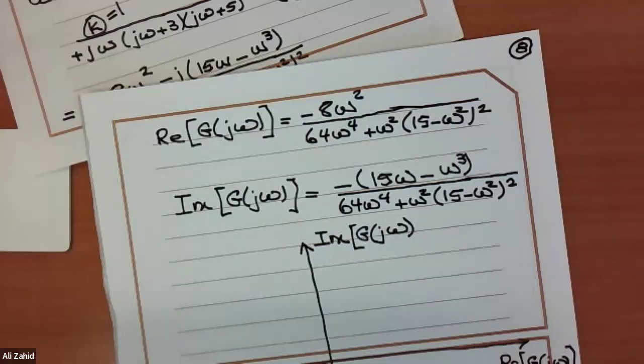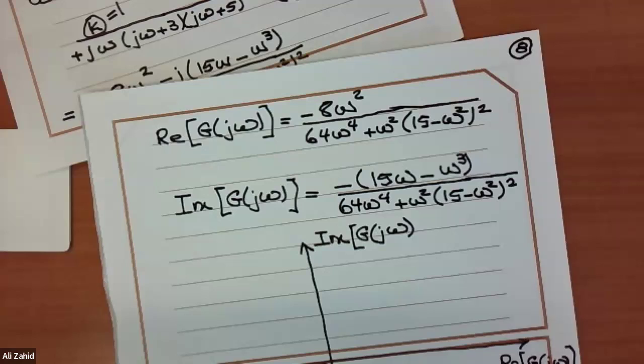With L'Hopital's rule, what is it equal to? Remember, the numerator is omega squared, but the denominator is omega to the fourth, which means that if you cancel omega squared, you will still have omega squared in the denominator.